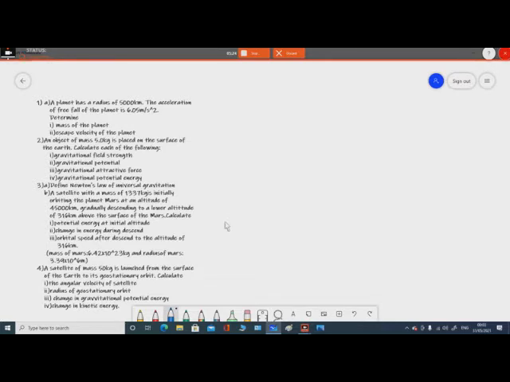Let's move on to question 2. An object of mass 5.0 kg is placed on the surface of the Earth. Calculate each of the following: gravitational field strength.